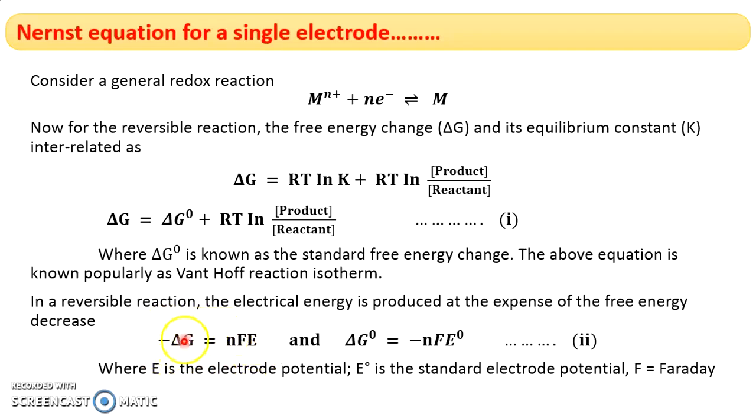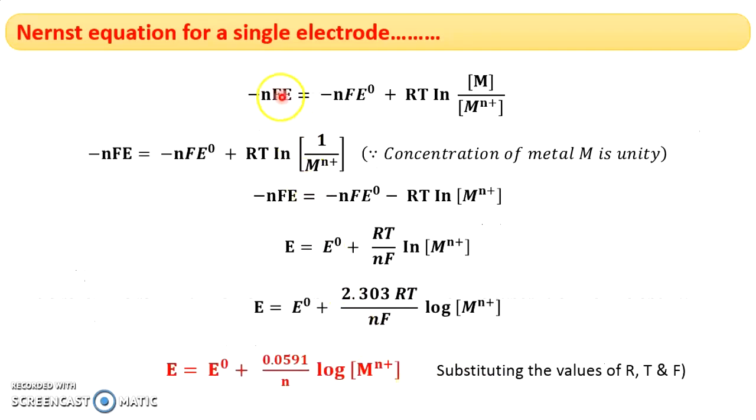From this basic concept, we can also write delta G naught is equal to minus nFE naught, and we can consider this as equation 2. Substituting equation 2 in equation 1, we get minus nFE is equal to minus nFE naught plus RT natural log M by M^n+.